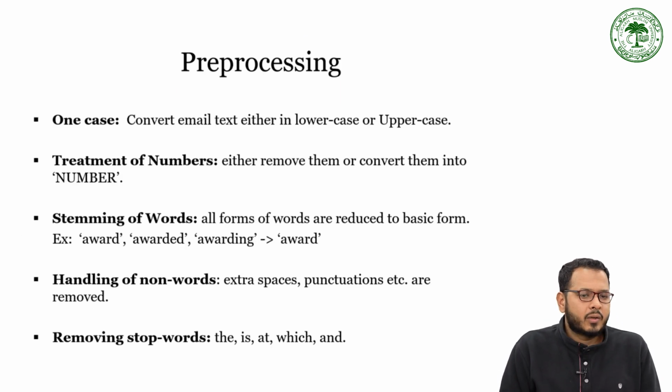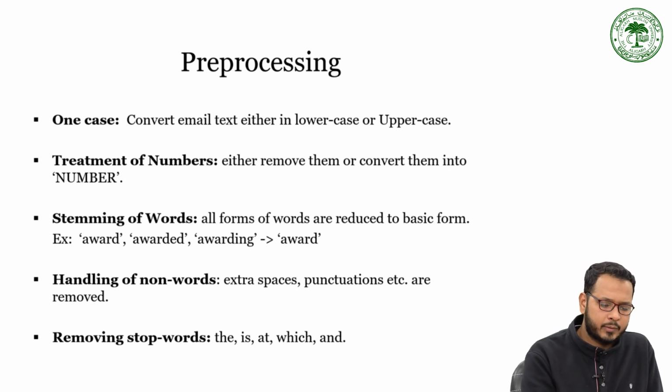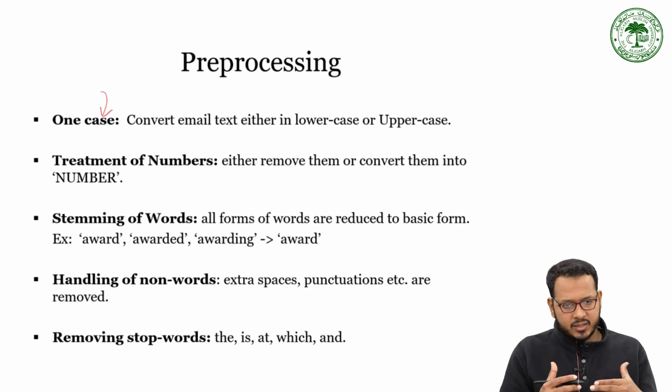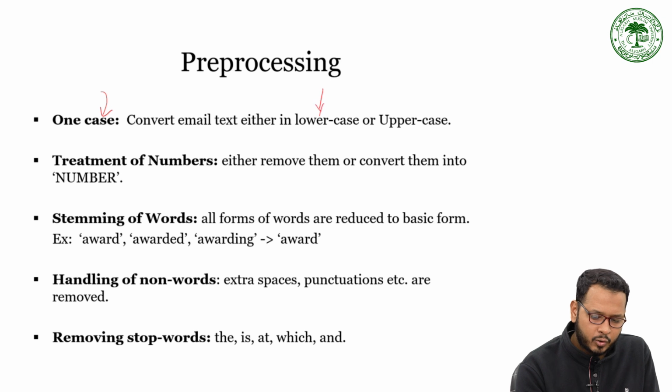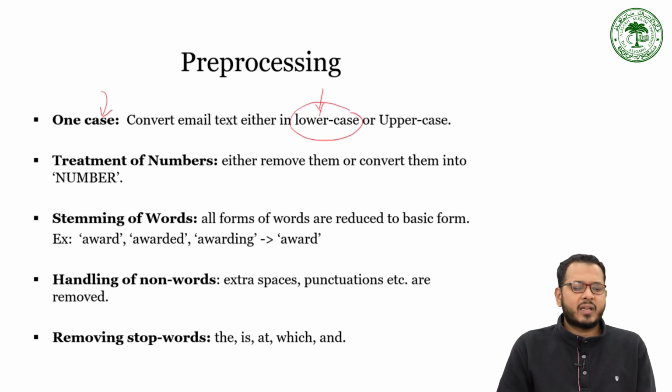For that, often our text goes through many pre-processing steps. One very common pre-processing step is to convert the whole text into one case, either lowercase or uppercase, and converting into lowercase is more common, where every character is a lowercase character.